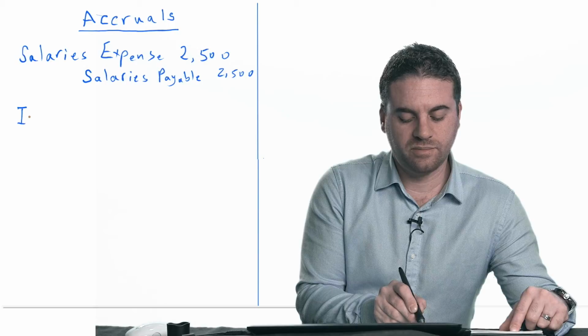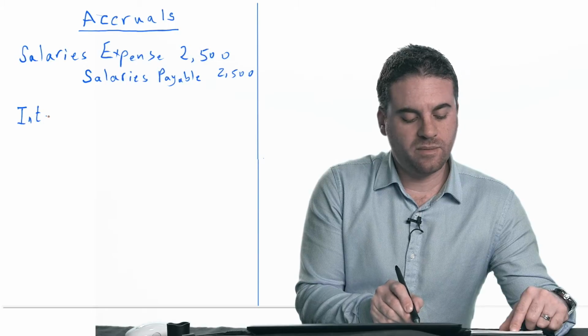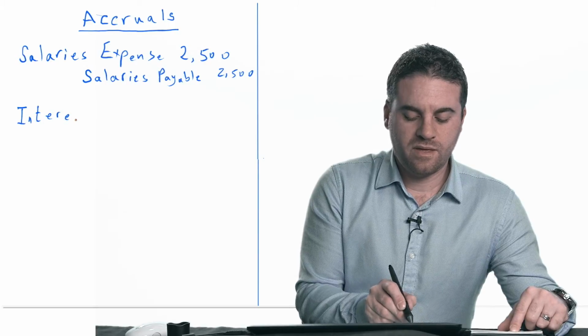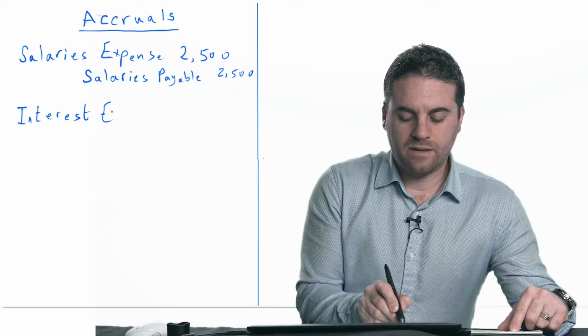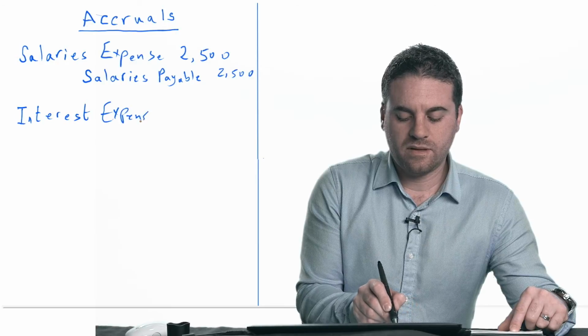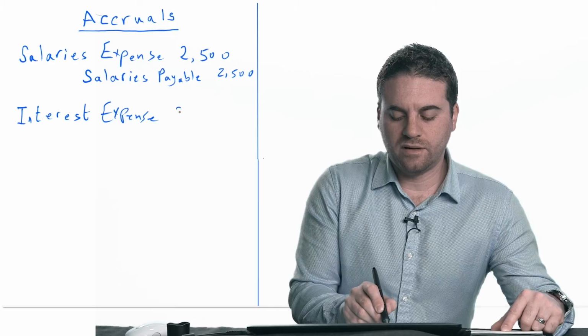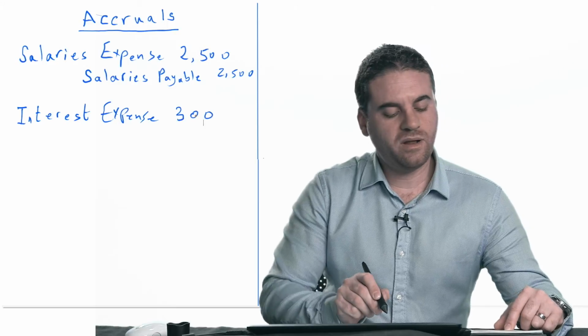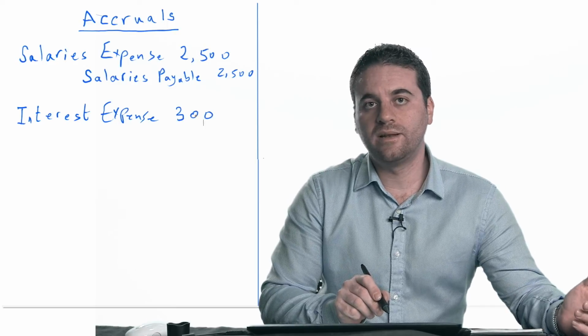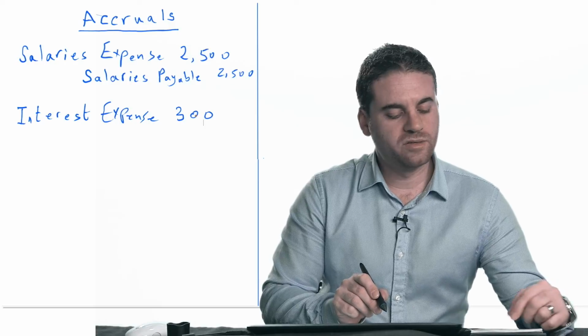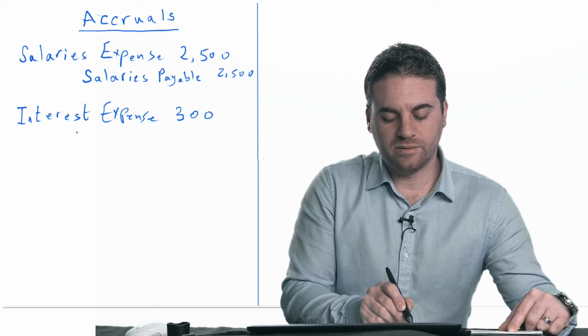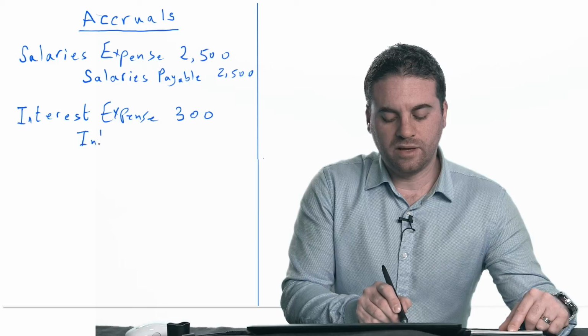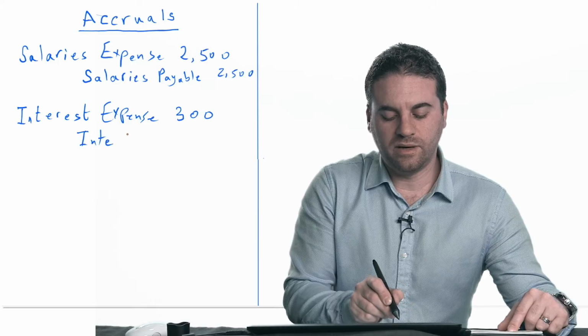Any expense will be debited, so interest expense. Let's say that was $300, and then the credit is also going to be a liability account. It's going to be a payable account, so we will call that interest payable. It will increase with the credit because it's a liability account.